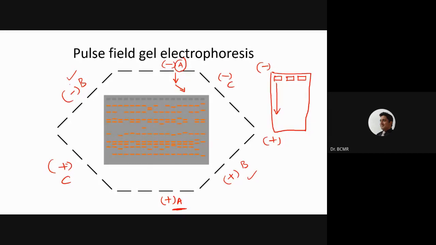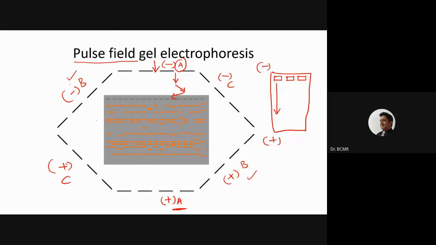And after some time, it will disconnect the B electrodes and turn on the C electrodes. So the DNA will move like this. And this will keep on happening, because of which, even though the DNA is long, it will find opportunities or gaps to move across the agarose gel. Okay, so that is pulsed field gel electrophoresis. When you say pulse field, this is one pulse.